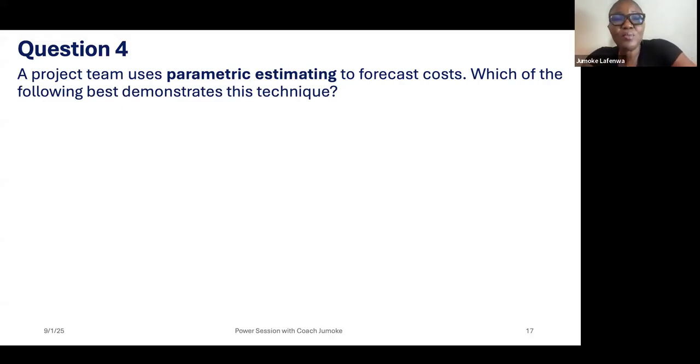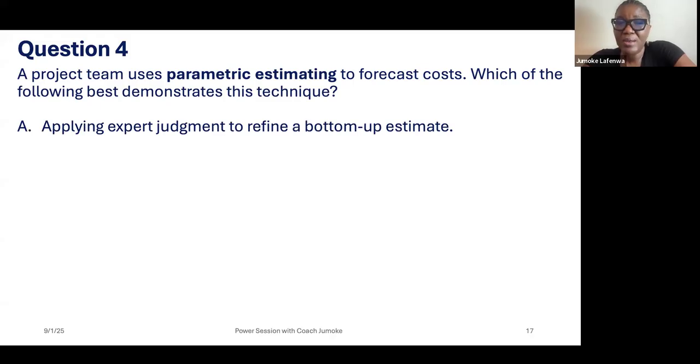Okay. Question 4. A project team uses parametric estimating to forecast cost. Which of the following best demonstrates this technique? This one you have to know what parametric is, analogous is, 3-point estimation, bottom up estimation.